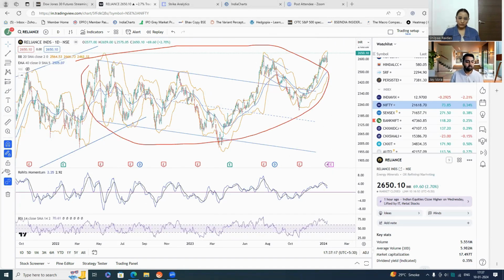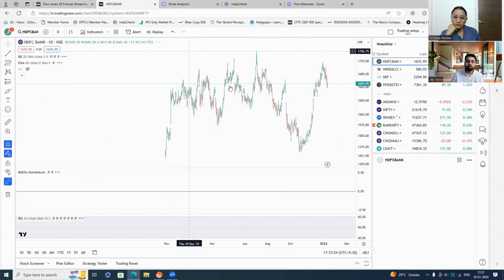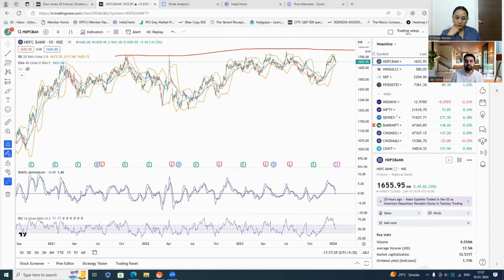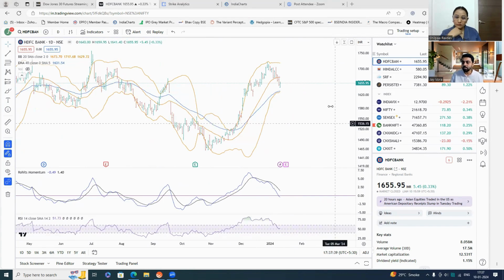Even HDFC Bank, which was a laggard, you can see over here, has been in a range and was trying to break out, but recently it saw a correction. Reliance and HDFC both account for 30% or so in the Nifty index. So if they were to break out, then surely we may not see that big a correction in the Nifty index, and in fact we may see a lot of rotation.